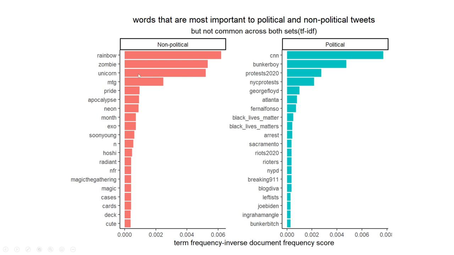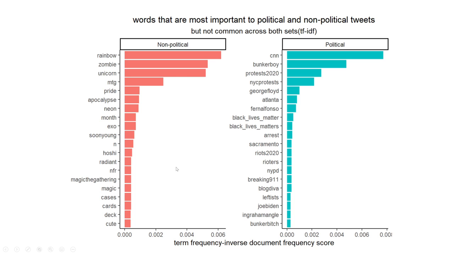So for example, rainbow, zombie, unicorn, and MTG are most emblematic of non-political tweets and are highly unlikely to show up in the political tweets, whereas CNN, BunkerBoy, protests, George Floyd, Atlanta, etc. are very emblematic of political tweets and unlikely to be in a non-political tweet.